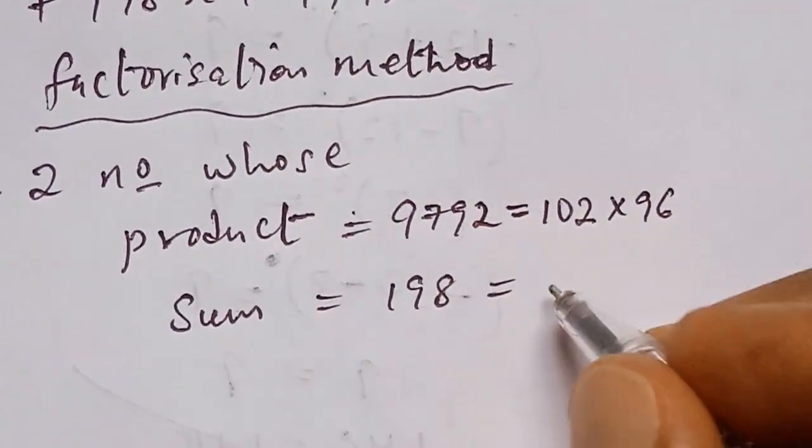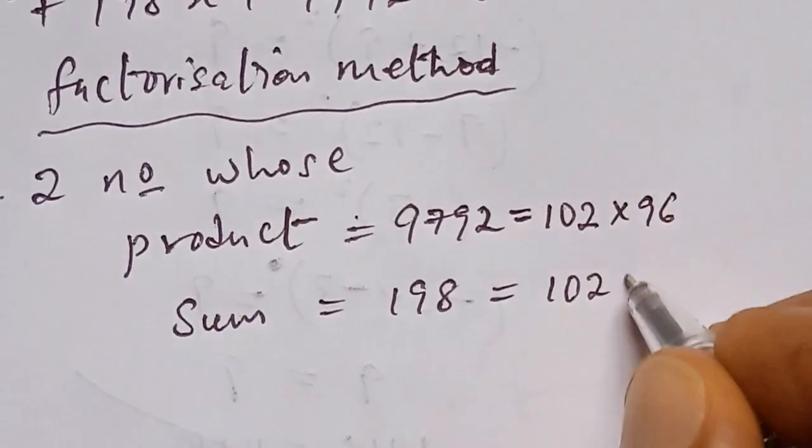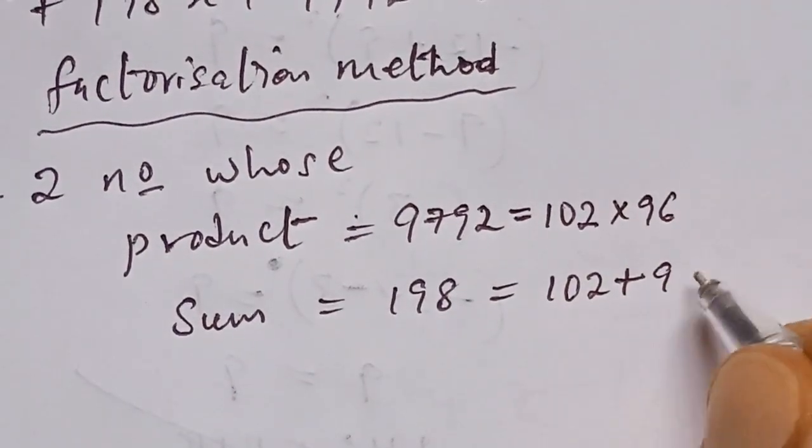Likewise for the sum, we have 102 plus 96.